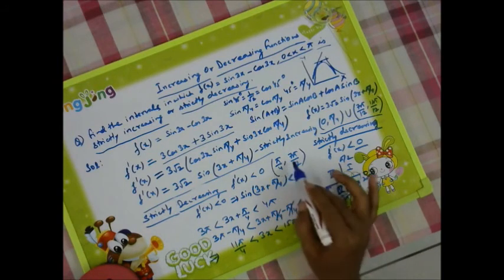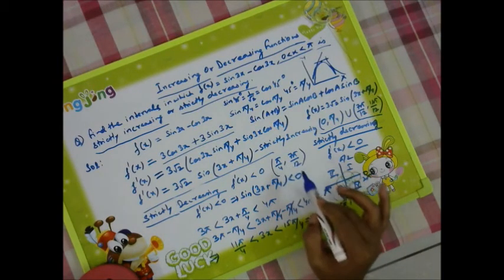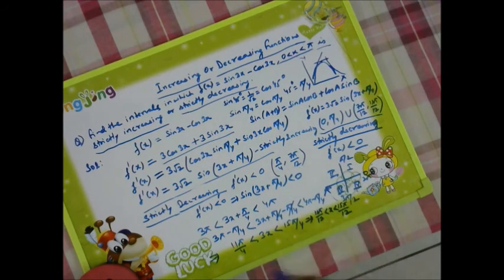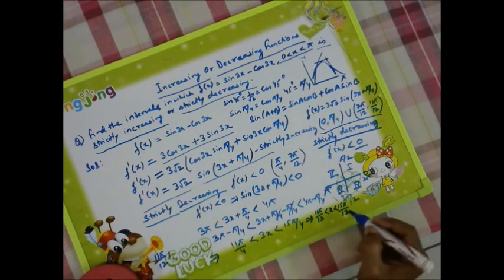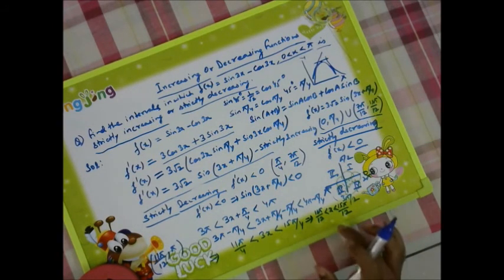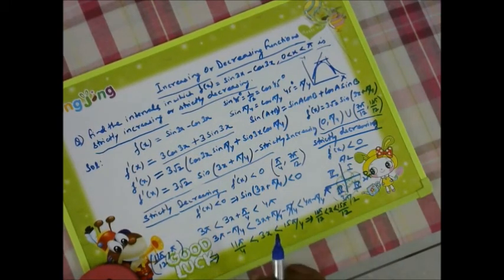Pi by 4, 7 pi by 12, all these are less than pi, so those values are accepted. So the value will come as 11 pi by 12, and instead of 15 pi by 12, we will put it as pi only. So this is the twist that has come here. Logic has to be applied.